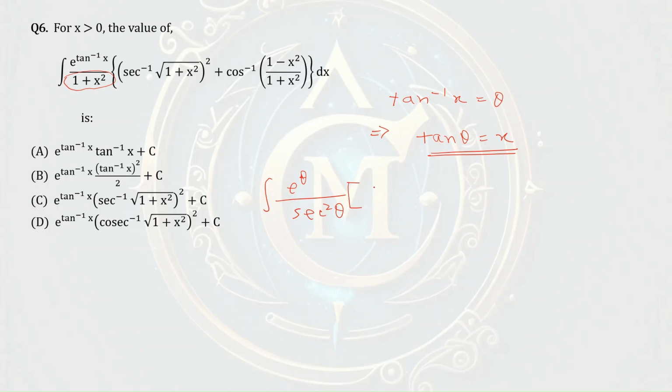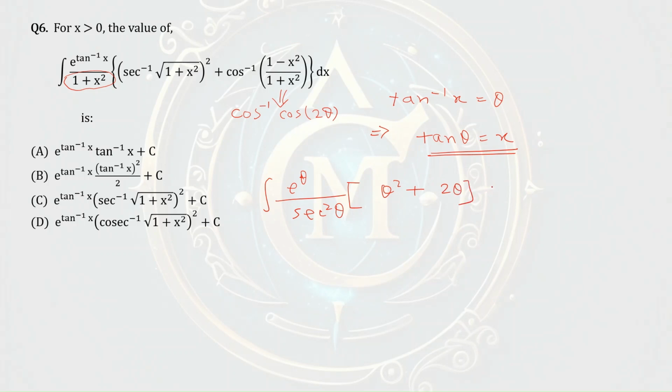So this will be theta square, and then it would be cos inverse of 1 minus tan square over 1 plus tan square, that is cos of 2 theta. So this will be cos inverse cos of 2 theta. That means it would be 2 theta.